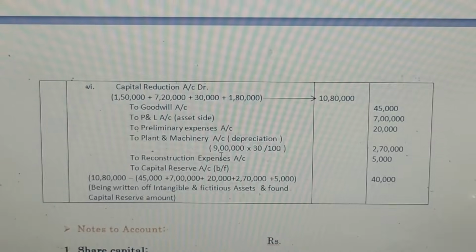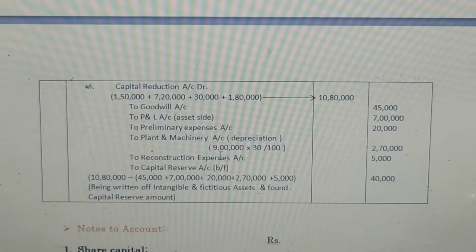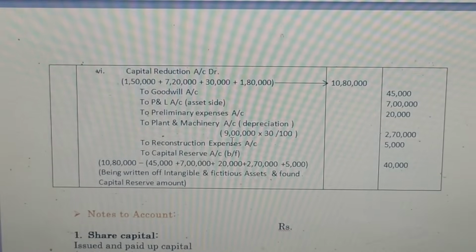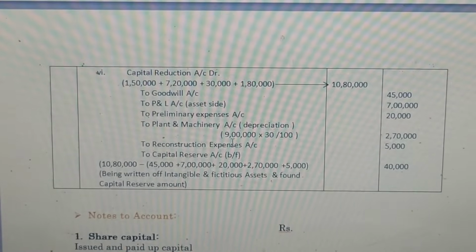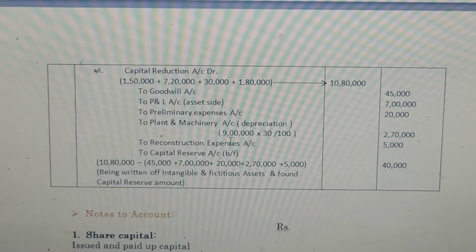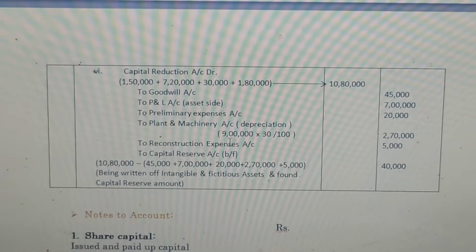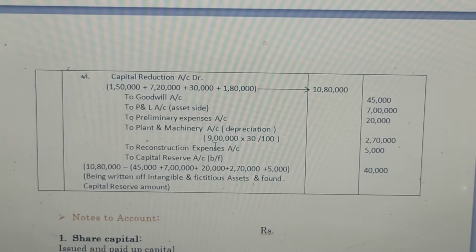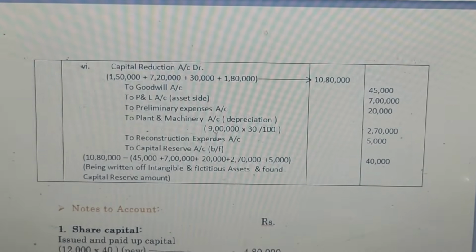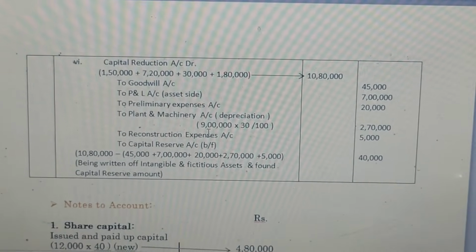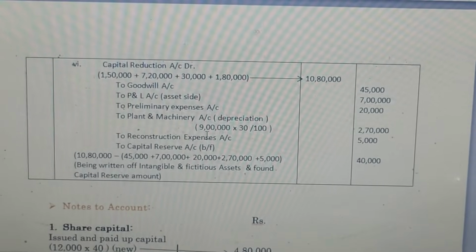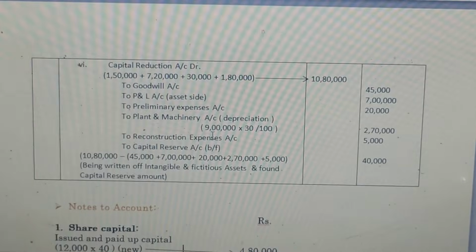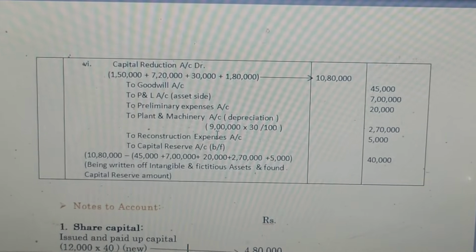So the actual value of plant and machinery is 9 lakhs multiplied with 30 divided by 100, we get the depreciation value of plant and machinery is 2,70,000, which we have to mention in the credit side. And to reconstruction expenses, that amount also we have to adjust with the capital reduction value. So to reconstruction expenses account creditor rupees 5,000.